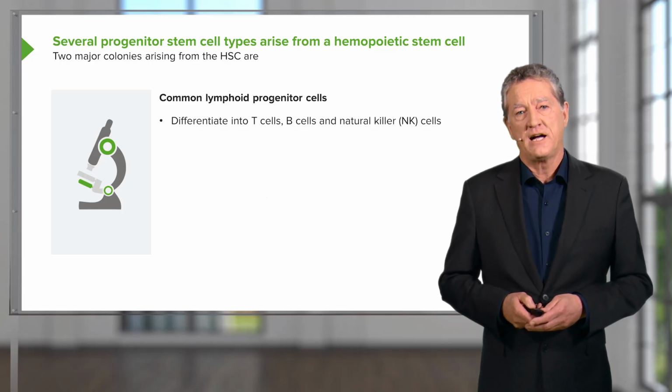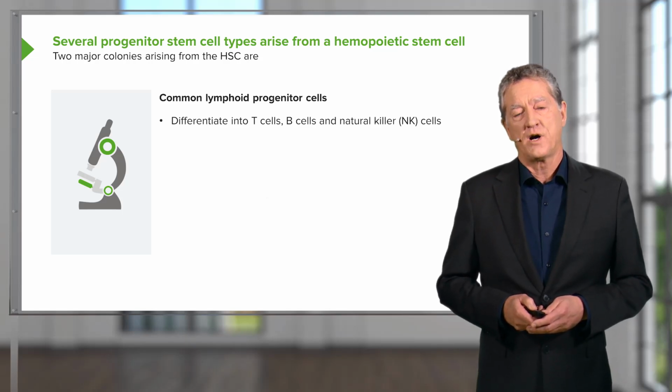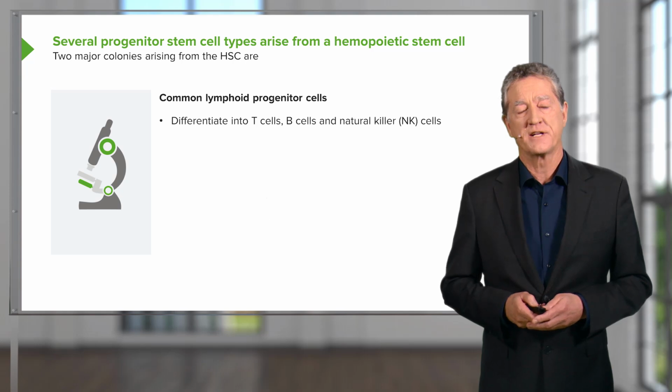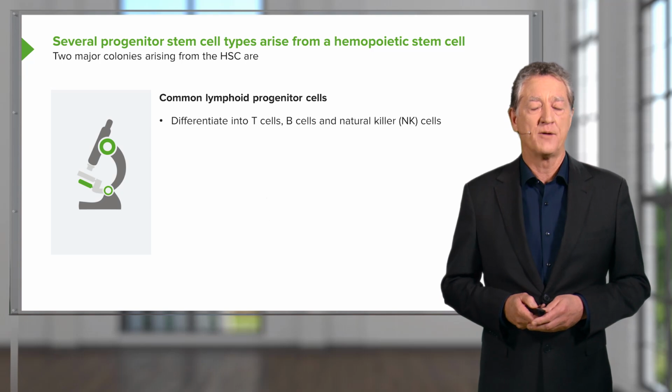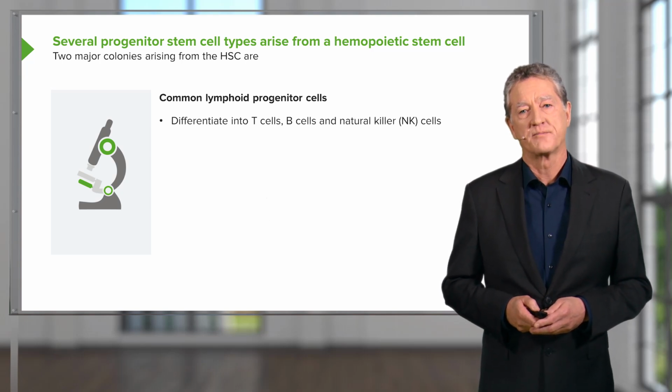There are a number of different colonies that arise from these hematopoietic stem cells. One is the common lymphoid progenitor cell types that give rise to the lymphocytes, and I'm not going to talk about them in this lecture.